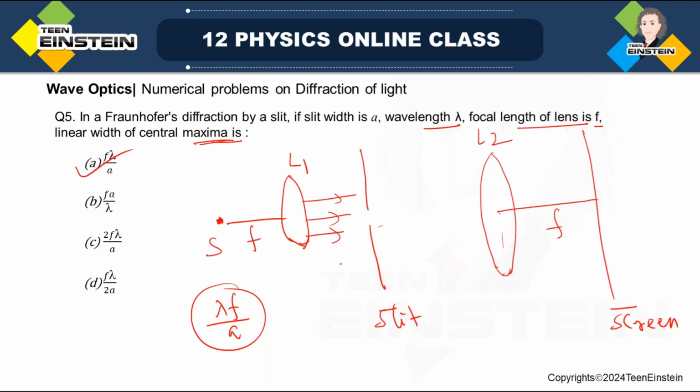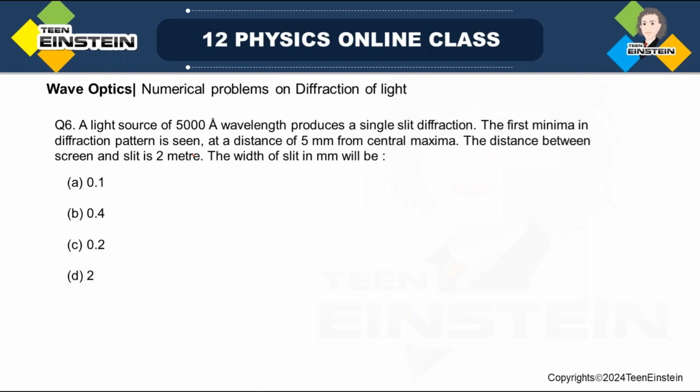I think we'll come back to this question once again. Let us now go with this one. This question says that a light source of 5000 angstrom wavelength produces a single slit diffraction pattern. The first minima in the diffraction pattern is at a distance of 5 millimeter from the central maxima.